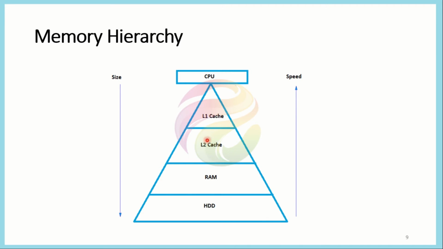Then after these two caches, we have the RAM part. In the RAM, we also use temporary storage. The most recent things are also stored in the RAM part. And finally, the last one is the hard disk, or the magnetic disk we use in the system.